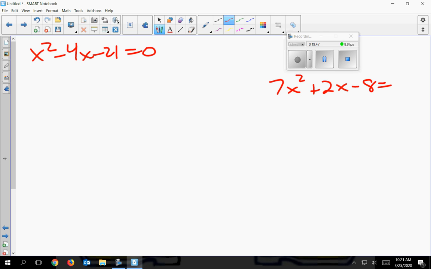It didn't equal 0, but I'm going to move the 8 over. So I subtracted it to get over, okay? So then make sure you go back and identify your A, your B, and your C for each one, and then go ahead and do each one and see what you get. Okay? So hit pause, and then I'll put the answers up, and then you come back and see how you did. Okay?